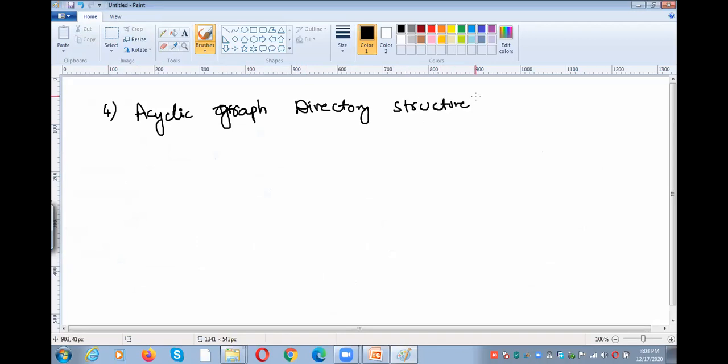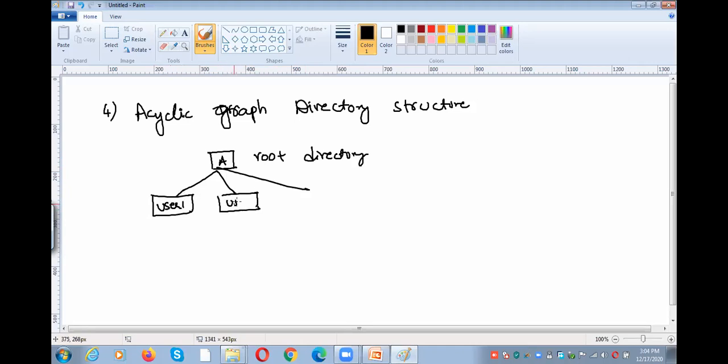Right, what is acyclic graph directory structure? As the name indicates, the first one is the root directory. For example, it is A. Under the root directory, we have different directories for different users. This is the user one directory, this is the user two directory, and this is the user three directory.